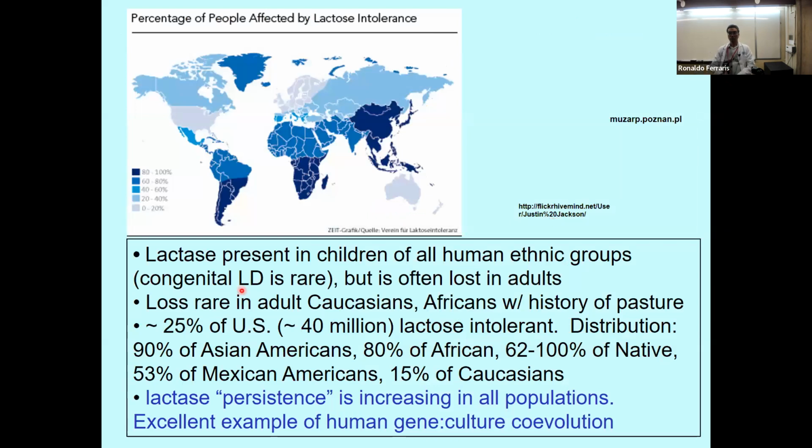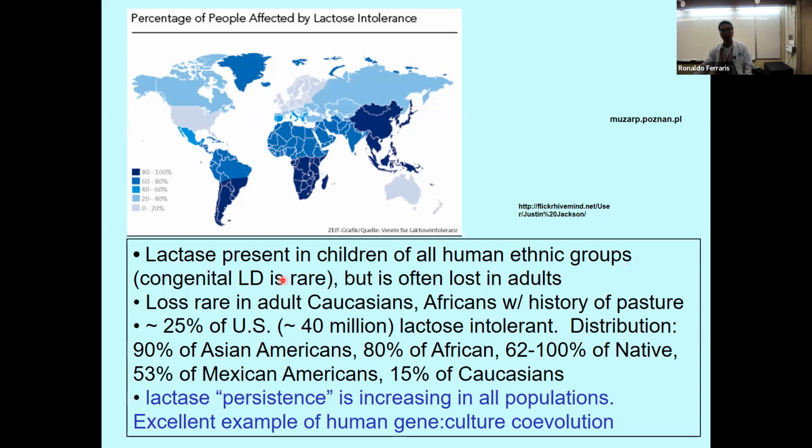Okay, so lactase. When you go to the grocery store now and look at milk, there is an expensive type of milk that's called lactose-free. What is so special about this expensive kind of milk? Well, lactase is present in children of all human ethnic groups.